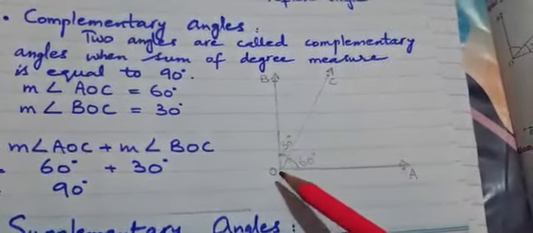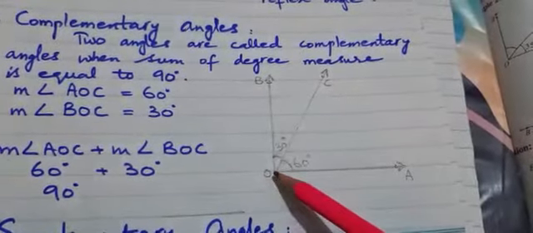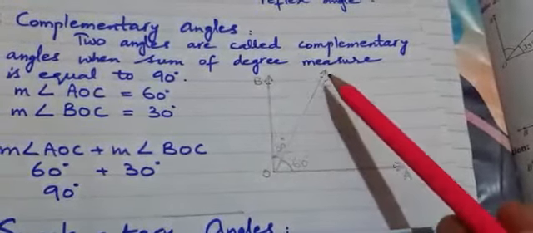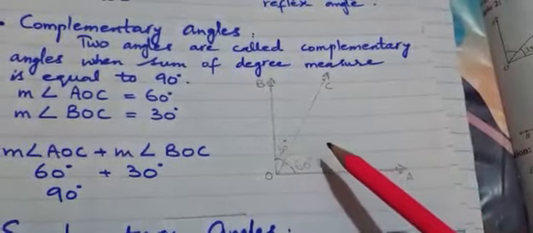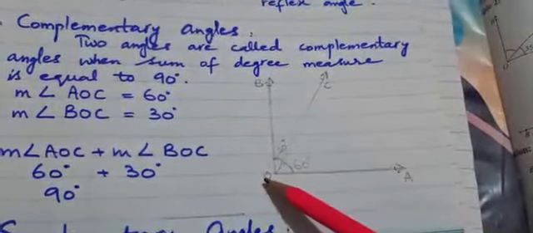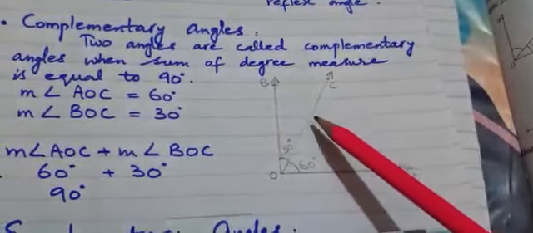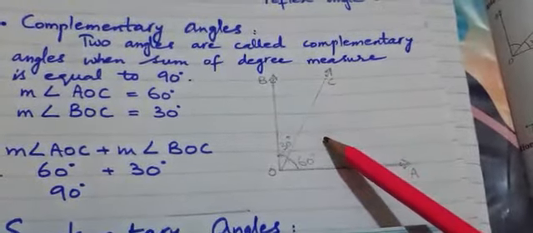Why? Because adjacent angles are those which share a common vertex and have a common arm. Here you can see these are two angles which share a common vertex and have a common arm. That's why they are also called adjacent angles.